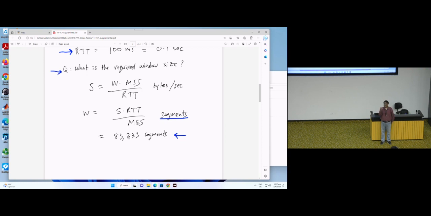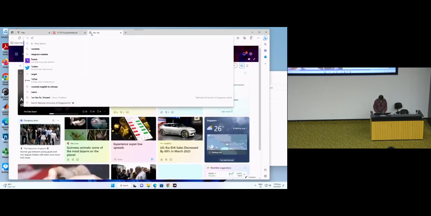I'm trying to highlight that we have a name for it. It's called flow control. Right? The receiver advertises. There's, in the TCP header, an advertised window field, right? Let's just look at the TCP header.